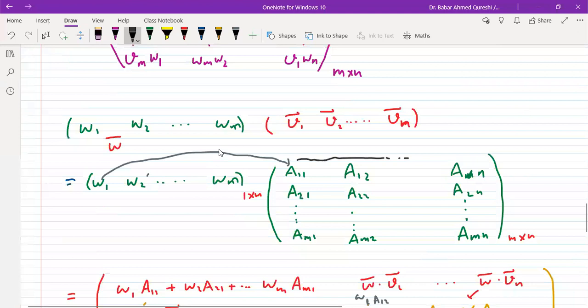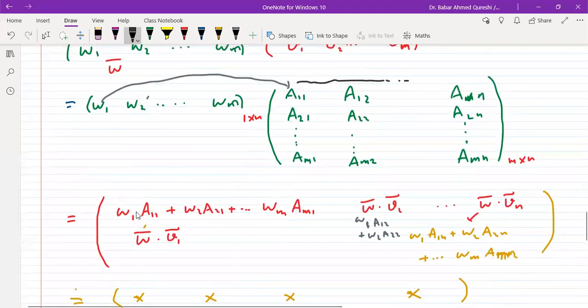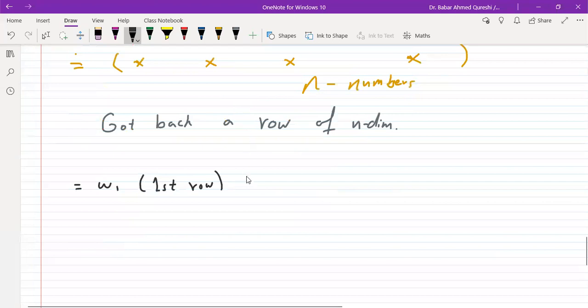But I construct a row, but that row is only composed of W1 times the first row. Then I have other numbers. What are those numbers? I pick up this number W2 and multiply it with the second row over here, and then add that row. Then the third number over here, multiply with the third row, all the way to the last number. So I can write it as a linear combination of the rows of the second matrix.